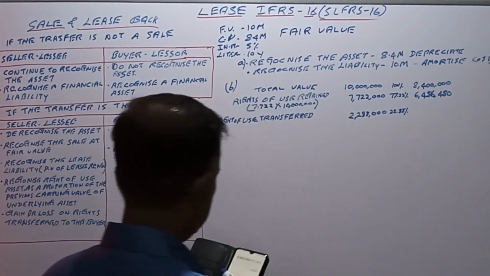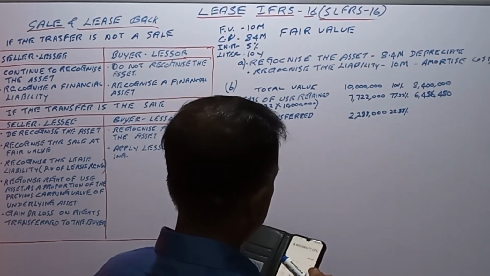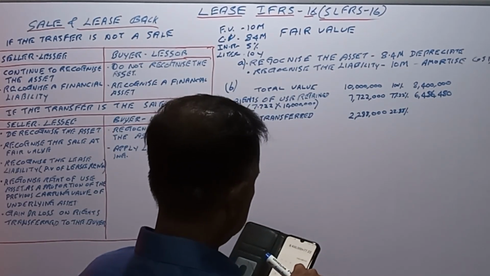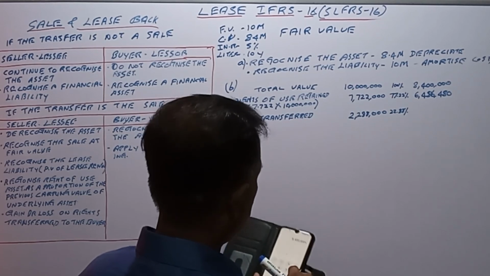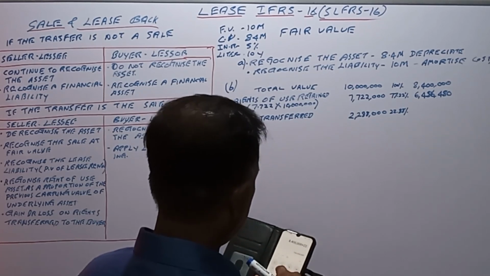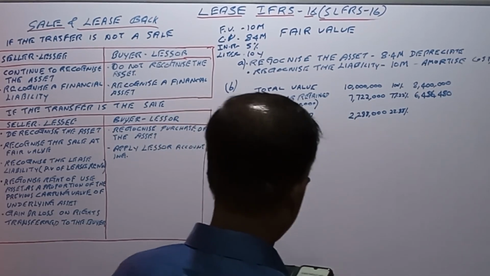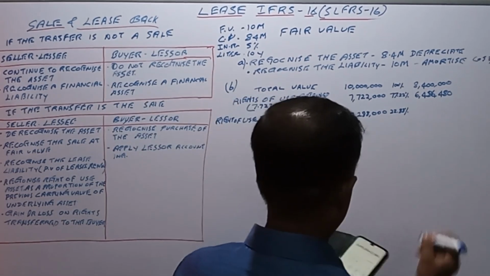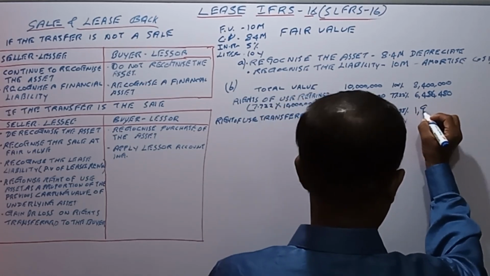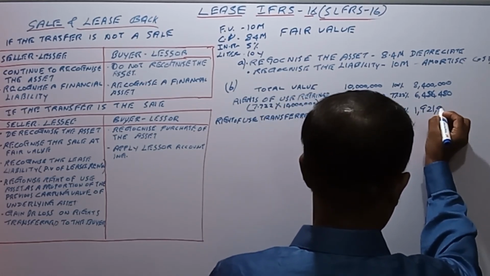That gives 6,486,480. And if you put 22.88 percent, then you will get 1,921,920.